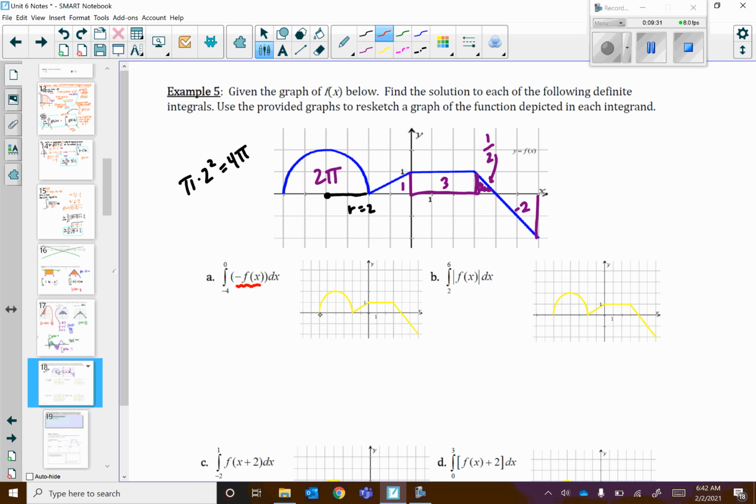So my function actually looks something like that. And they're asking us to find the area under the curve from -4, so that's 1, 2, 3, 4, -4 to 0. So we're looking at this area right here.